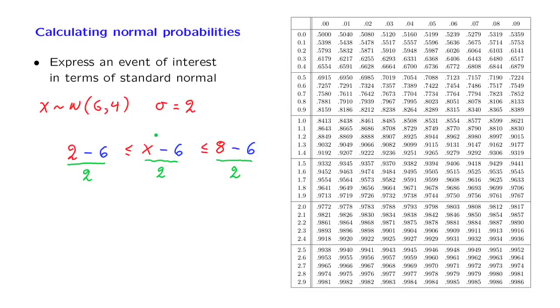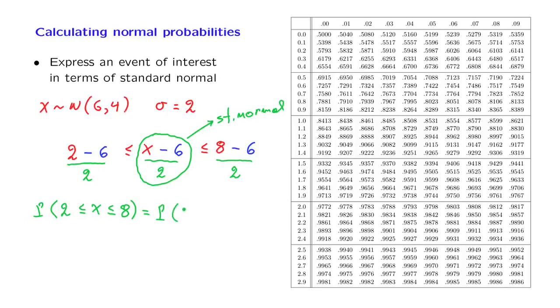But at this point, we recognize that this is of the form X minus mu over sigma. So this random variable here is a standard normal random variable. So the probability that X lies between 2 and 8 is the same as the probability that a standard normal random variable, call it Y, falls between minus 4 divided by 2, that's minus 2, and 2 divided by 2, that is 1.